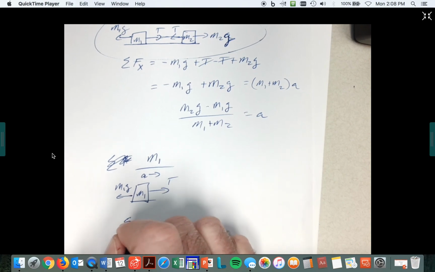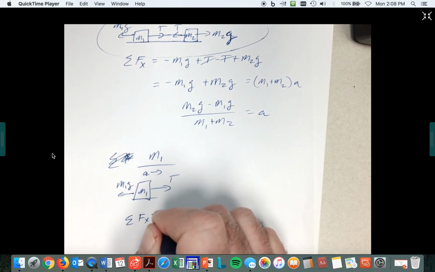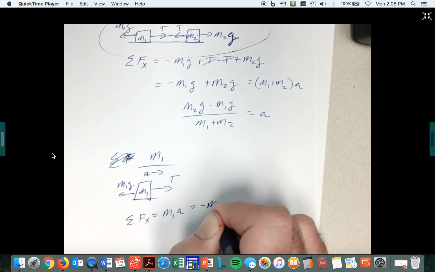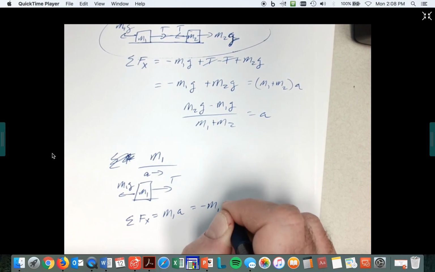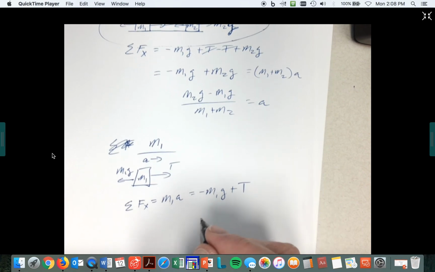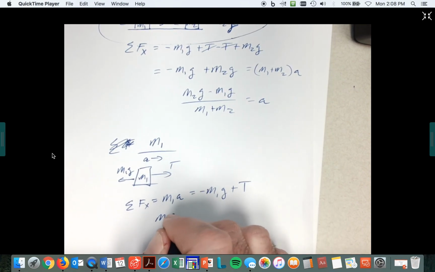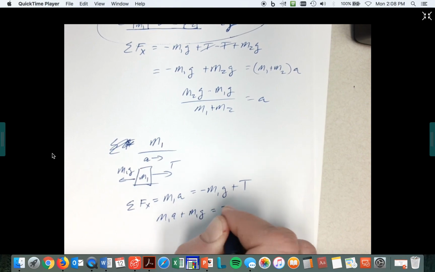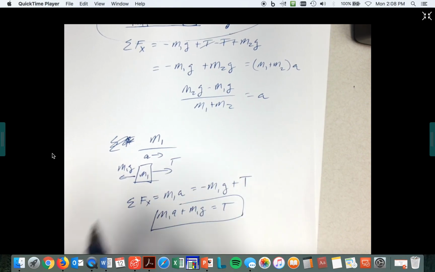So the sum of the forces in the x direction is equal to M1a, which is equal to minus M1g plus T. So M1a plus M1g is equal to the tension. Piece of cake, because I know what a is from here.